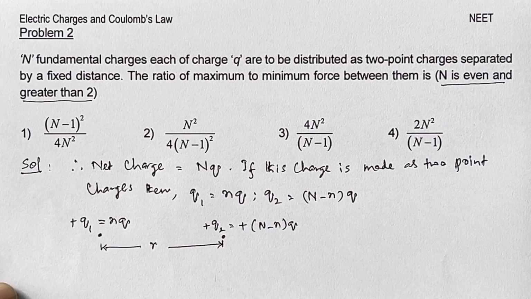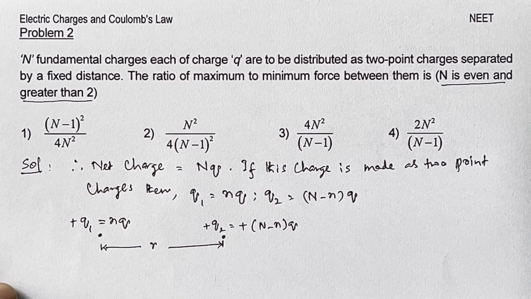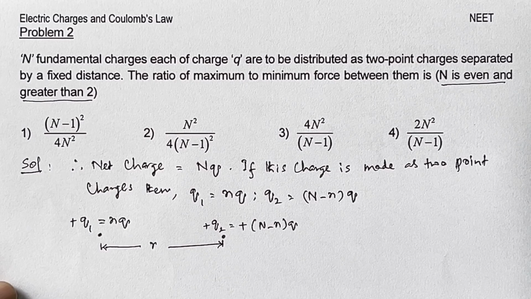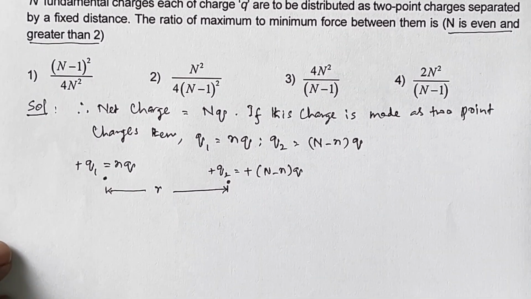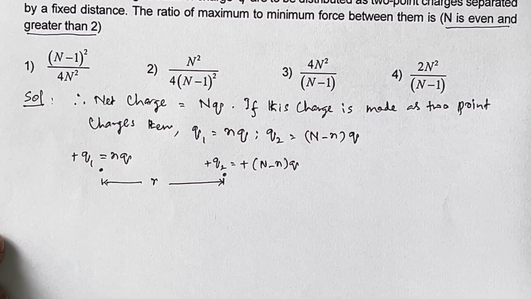Naturally we take the distance between the charges as r, unless otherwise given. In the last problem, the distance between the charges was given as small d, so we took small d. Generally we use the symbol r. Symbols are not important, their meaning is important.